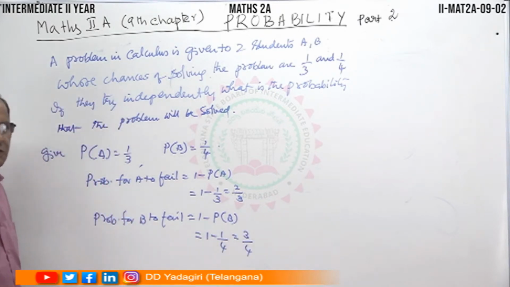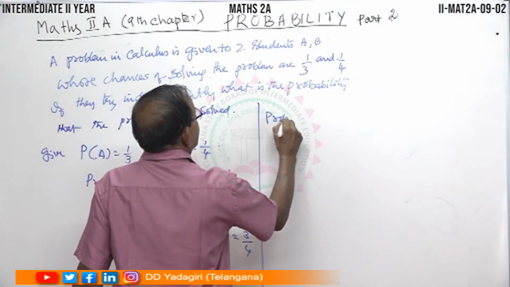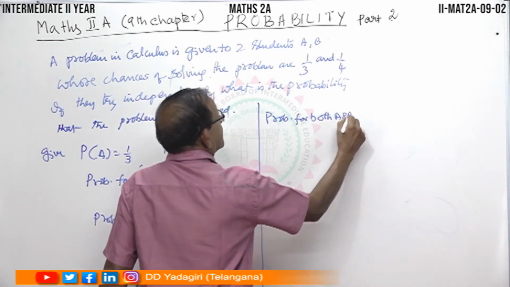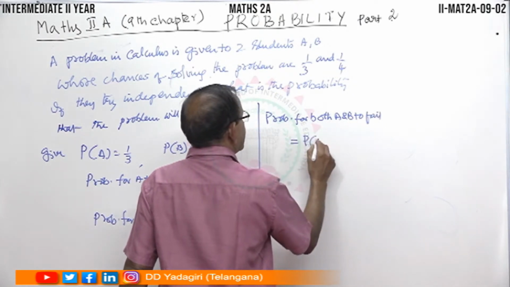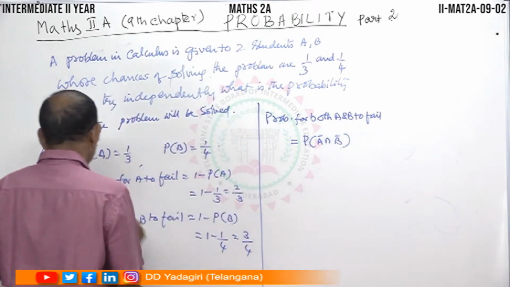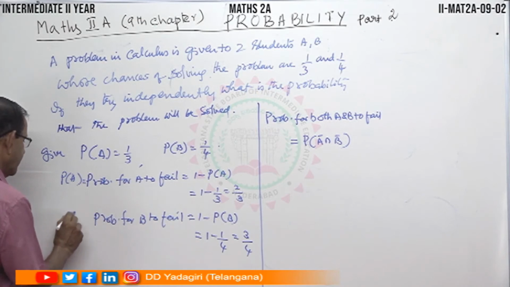Now let us find out the probability for both A and B to fail. Probability for both A and B to fail is equal to P of A bar intersection B bar. This is P of A bar, P of B bar.